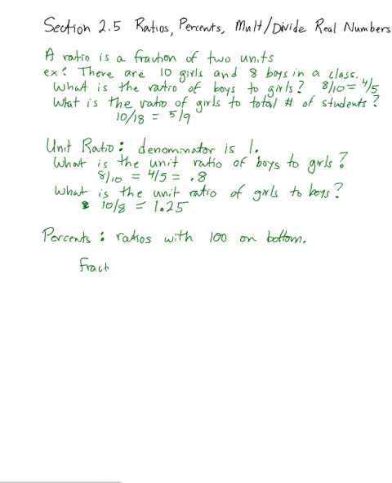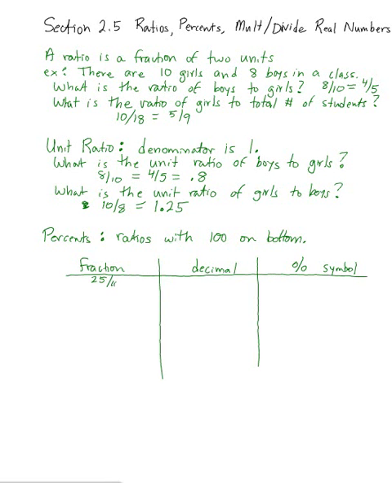Fraction, decimal, percent symbol. For example, I might give you 25 over 100. That's written as a fraction. Of course, 25 over 100 could be reduced. You could write it as 1/4 also.